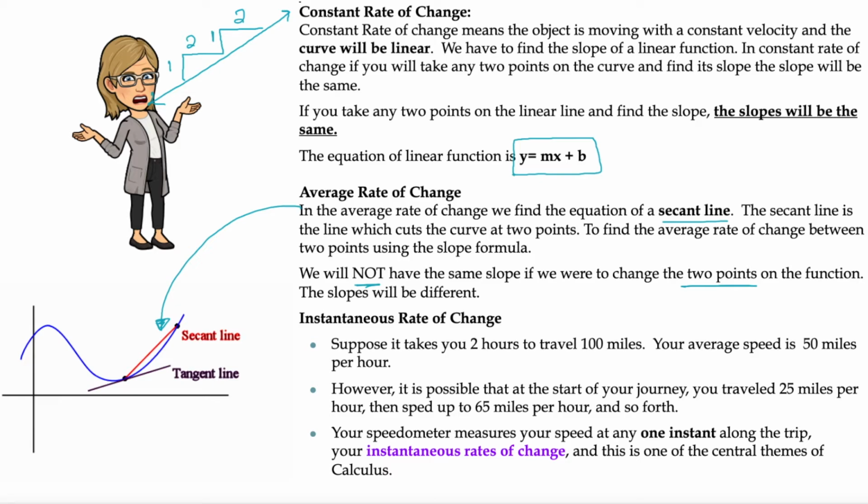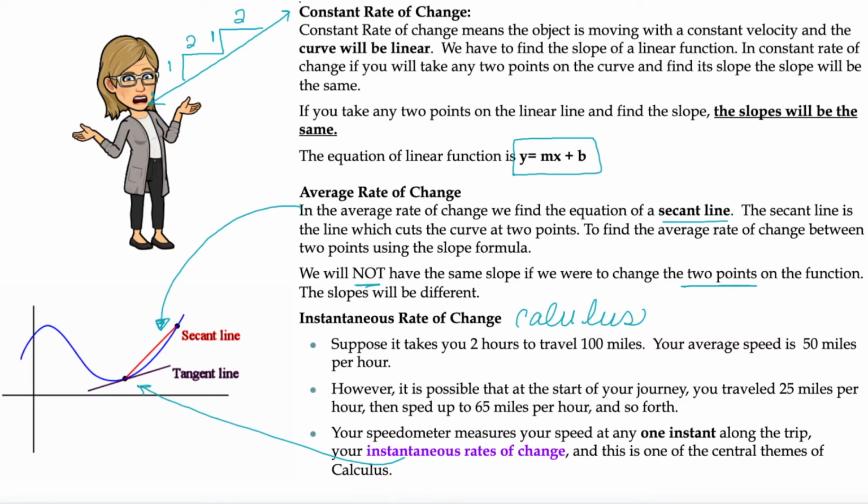If we are looking for a specific instantaneous rate of change, not over a period of time, but at a specific point in time, the instantaneous rate of change is what we cover in calculus. The instantaneous rate of change is the specific tangent line.